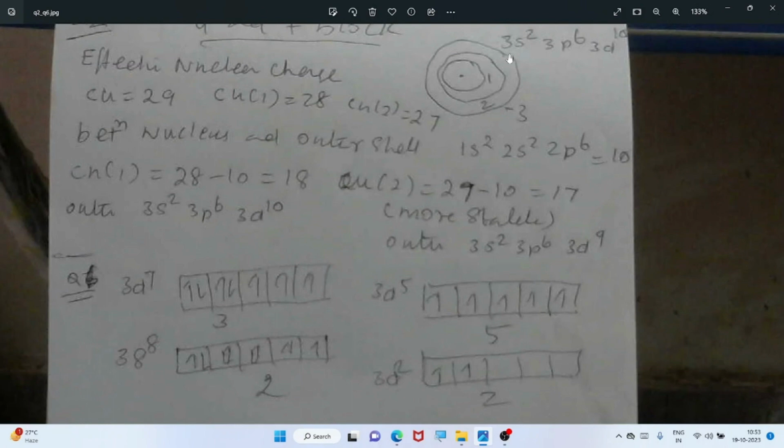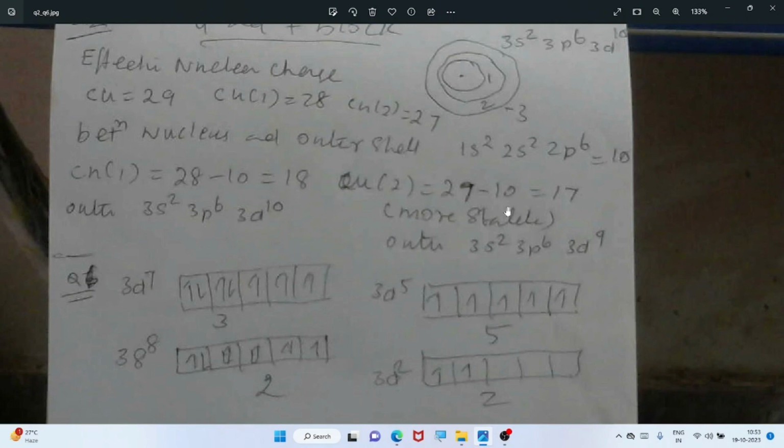Here this is the outermost shell and this is the nucleus. So the total atomic number minus the number of electrons in the inner orbitals between the nucleus and the outermost shell, you have to subtract. Cu has atomic number 29, with 28 for Cu1. Between the nucleus and the outer shell, we have 1s2, 2s2, 2p6, that is 10 electrons. For Cu1 the remaining will be 18 electrons, for Cu2 the remaining will be 17 electrons.